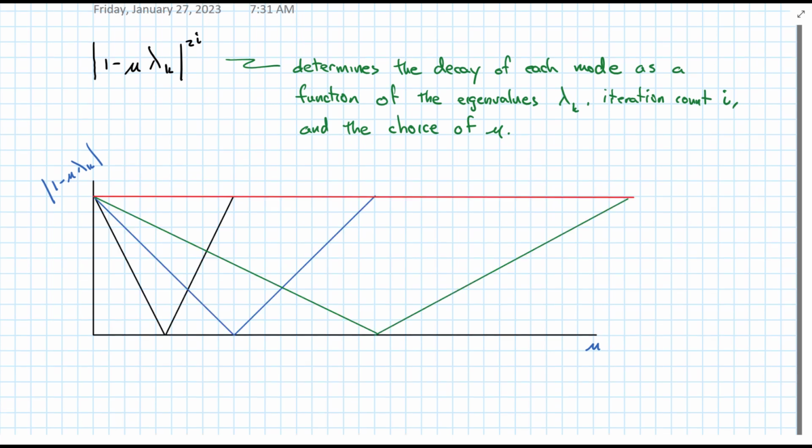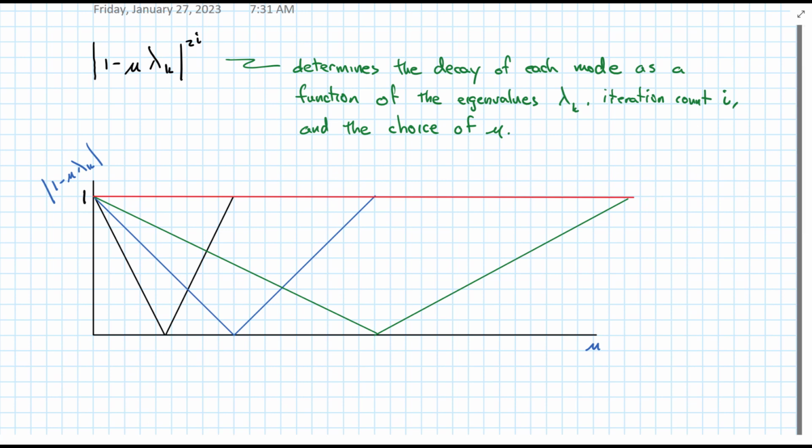Namely, we get a bunch of what look like v's here. And so what we see, of course, is when mu is equal to 0, all of the terms for every k, 1 minus mu lambda k, are going to be 1. Well, that's not going to converge.